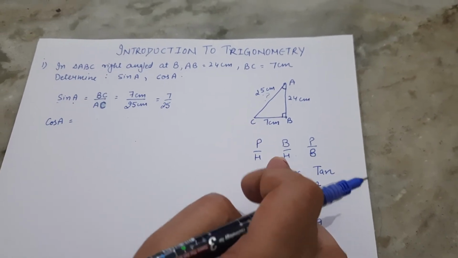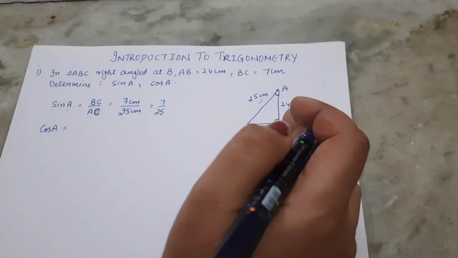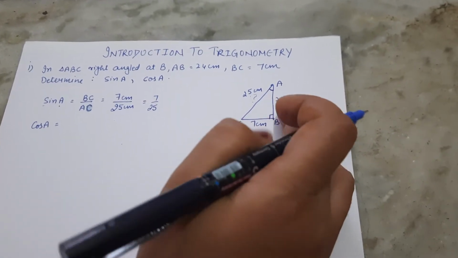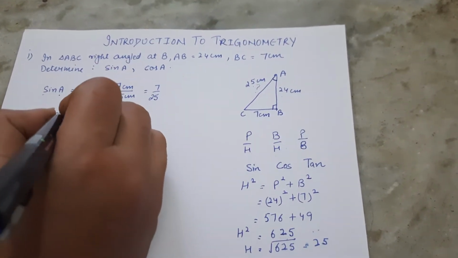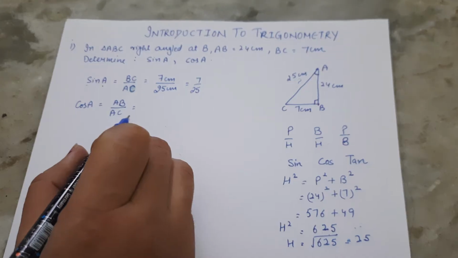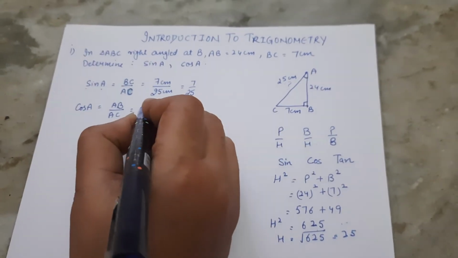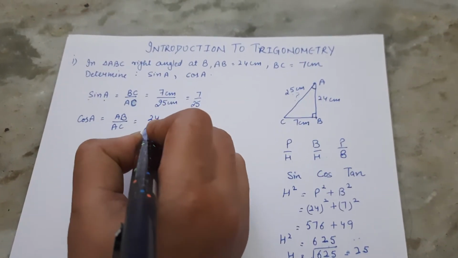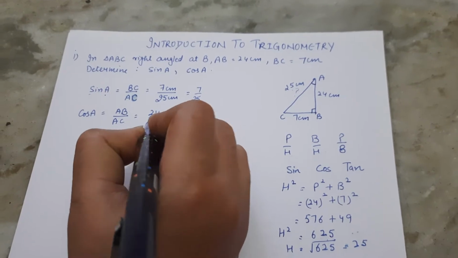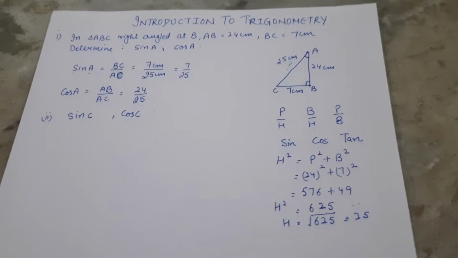I already told you that in front of angle A, this acts as a perpendicular and this behaves like a base. So base upon hypotenuse: AB is equal to 24 and AC is 25. In this way we can find it easily.